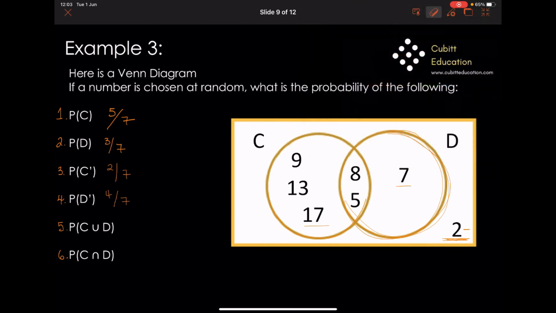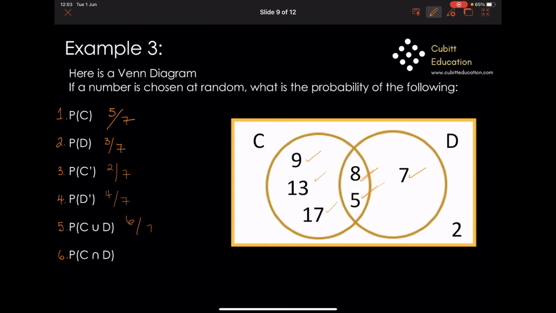All right, so next, the probability of C union D. That's C and D all together. So these are C, 1, 2, 3, 4, 5, and these are D, 1, 2, 3. So all together, we've got 1, 2, 3, 4, 5, 6 numbers.